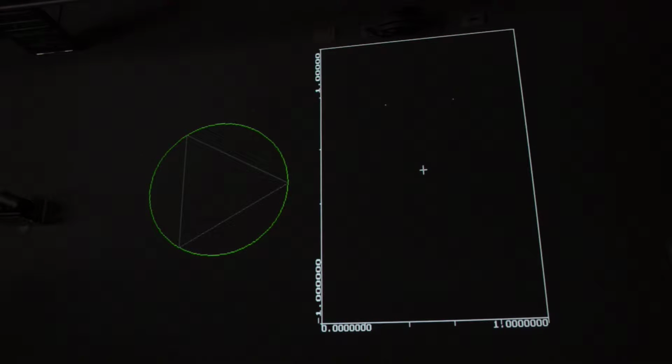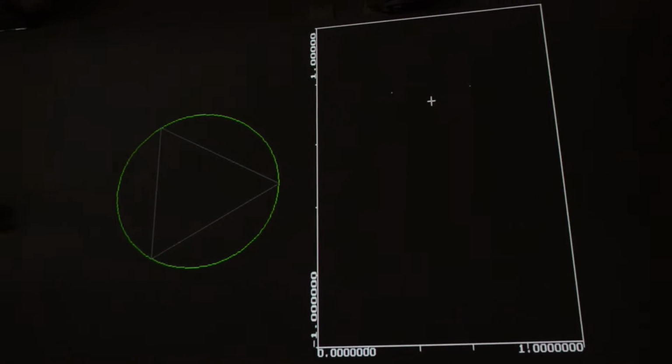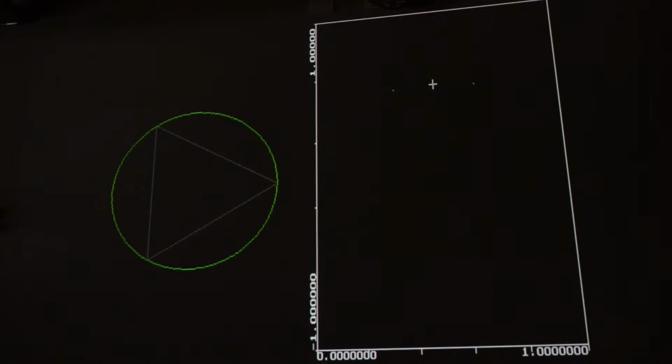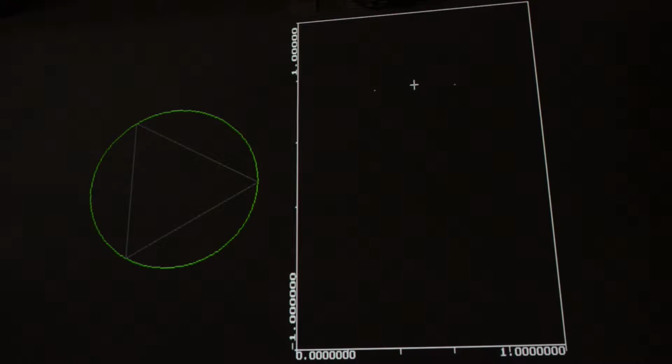Change initial conditions. No, that's not what I want to do. Just a minute.